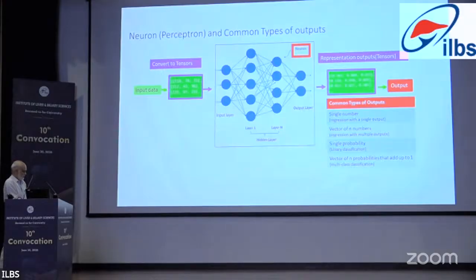So the output can be a single number like height, weight, etc. It can be a vector of n numbers, multiple outputs. It can be a single probability, alive or dead. It can be multi-probability, like in pathology, malignant, non-malignant, indeterminate. There are 3 classes, so this is multi-class classification.